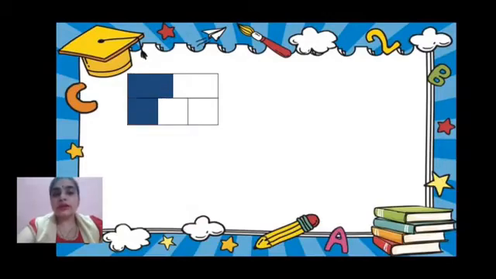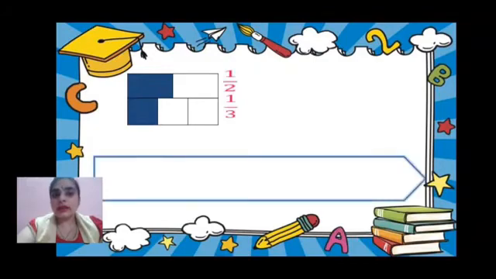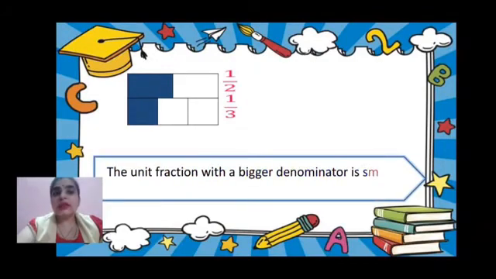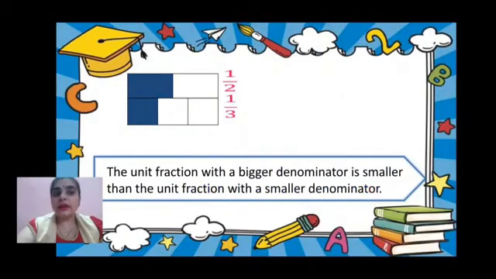Very easily you can compare that 1/2 is greater than 1/3. So what does this mean? The unit fraction with a bigger denominator is smaller than the unit fraction with a smaller denominator. Hence 1/2 is greater than 1/3.